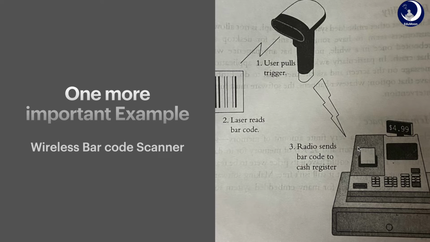So yeah, you can explore a lot on Google regarding a wireless barcode scanner. I mean, exploring this particular example doesn't make much sense, but if you are excited to know the inner functioning of this particular barcode scanner, then you can explore.